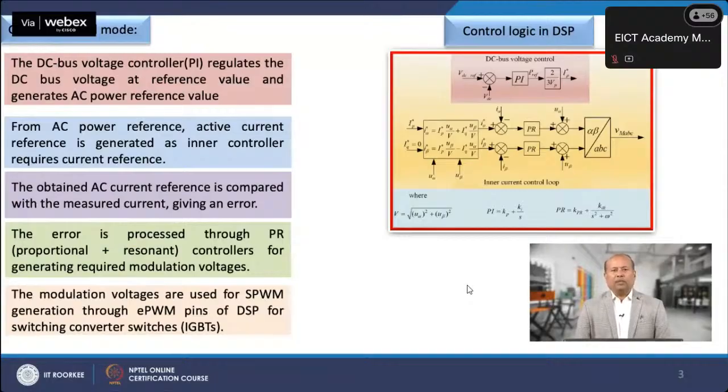The modulation voltages are used for SPWM generation through EPWM pins of the DSP for switching converter switches, commonly IGBTs. The control parameters of the PI controller as well as the PR controller can be obtained through proper tuning, ensuring that the stability margin should be more.